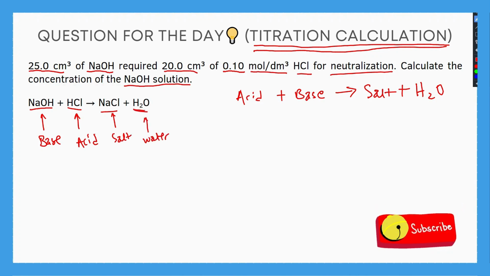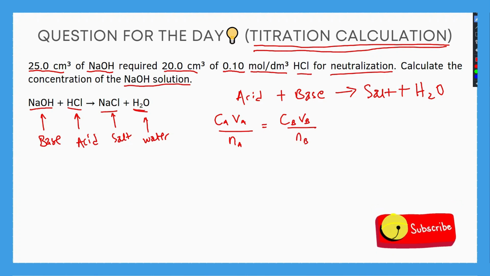Now that we have done this, there is a formula that we use for our titration calculation. And that formula is CaVa divided by Na is equal to CbVb divided by Nb.